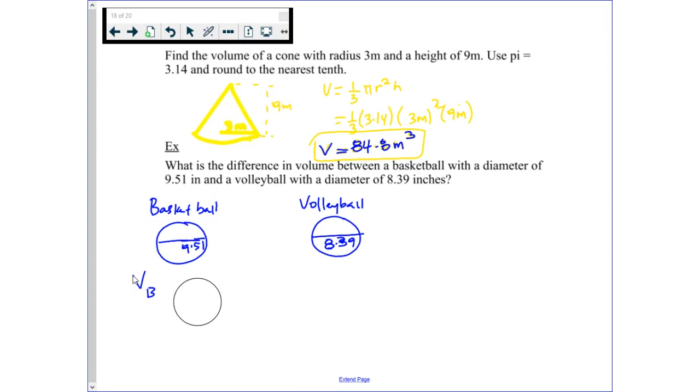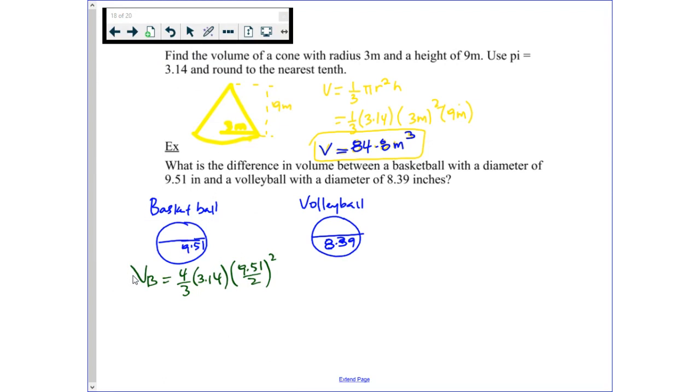So the volume here is 4/3 times pi, 3.14, times r. The radius is 9.51 divided by 2, which is 4.755.